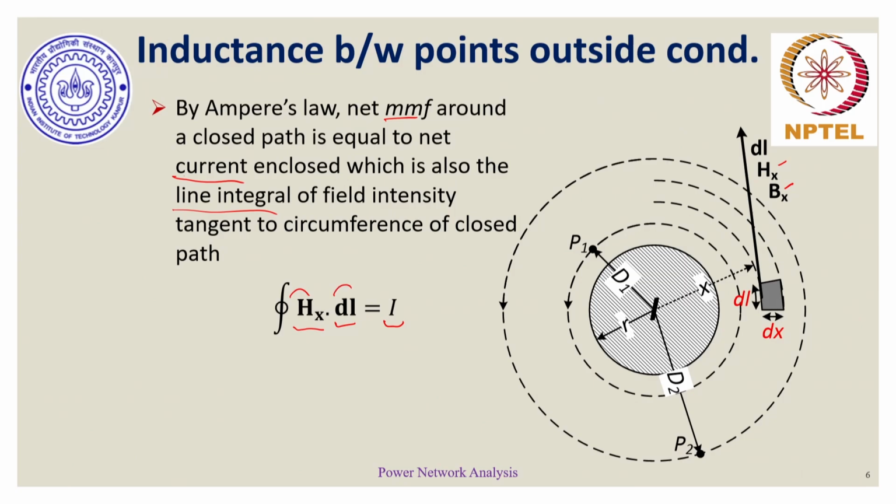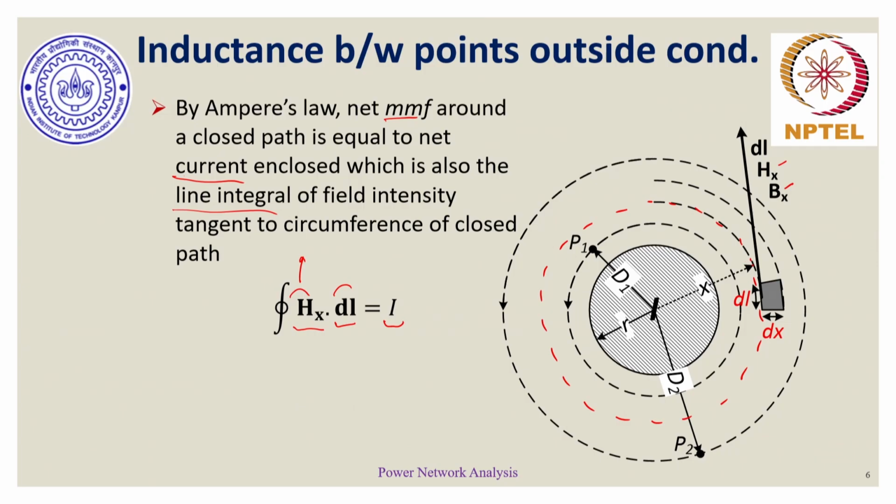And similar to the discussion that we had in the previous lecture, where we were considering a straight, parallel conductor whose current density is uniform, if we try to find the value of h of x at a distance x from the center, where this distance x could refer to n number of points along this circumference, then at any of these points the value of h of x is going to remain the same.